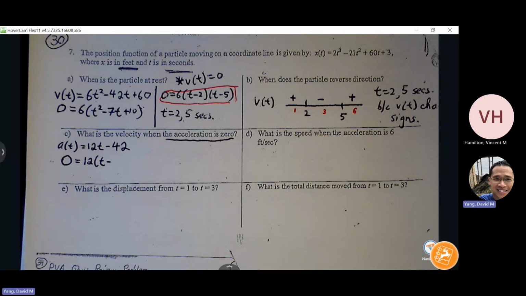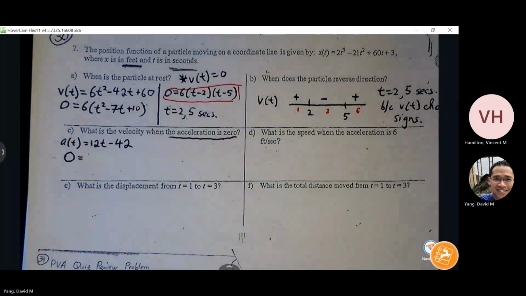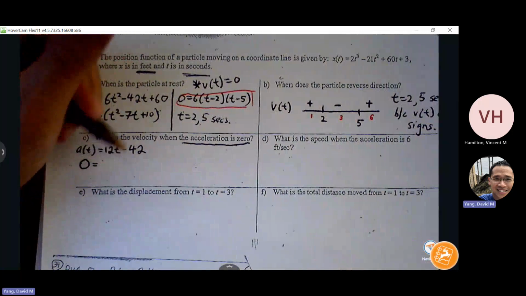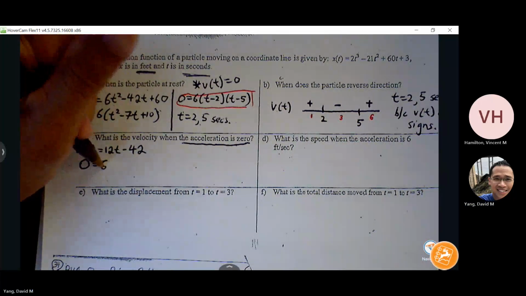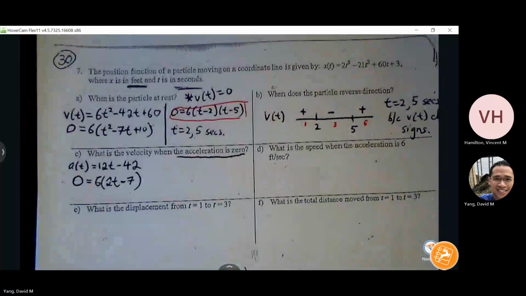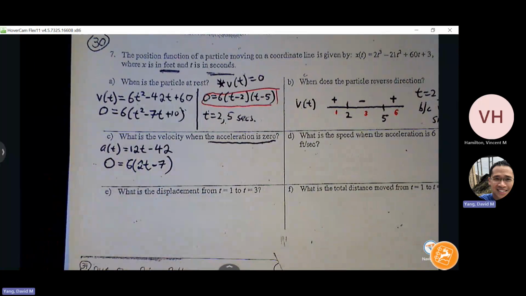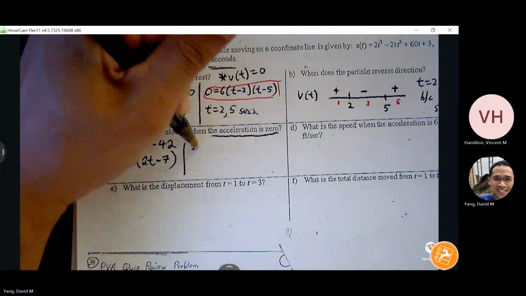I can factor a 6 out, sorry. 6 goes into the 2, but not 12. The 6 we can ignore. There's no variable there. We can just set 2t minus 7 equal to 0.